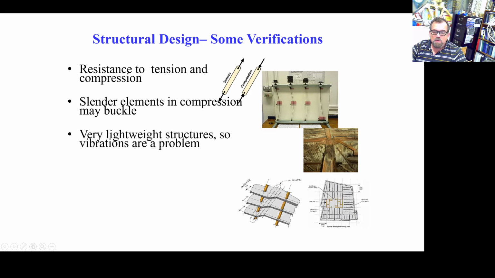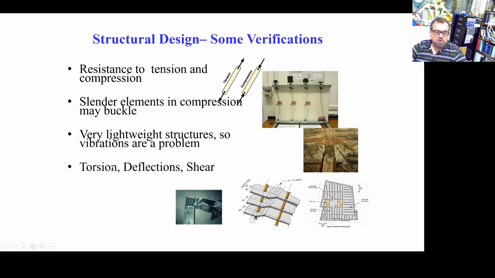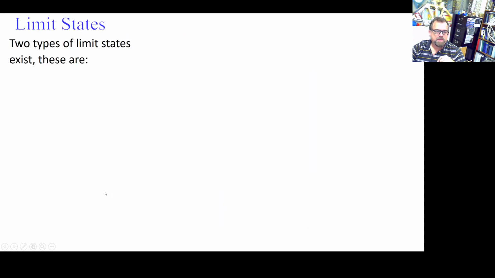When you have very lightweight structures, you might have excessive vibration, and there are also specifications regarding vibration. What else? Torsion, deflection, shear. All of those are verifications that you have to do, and many more. Connections, splicing, connections of the steel elements, splicing between rebars in concrete, just to mention a few.